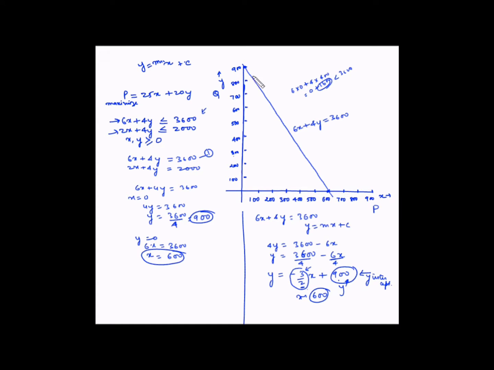So everything which is below this line will represent 6x plus 4y is less than or equal to 3600. So let us shade this area represented by this constraint.